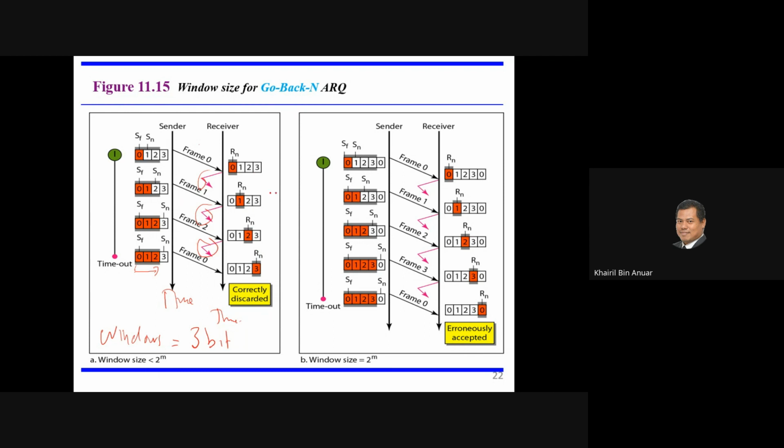In this scenario, you have 0, 1, 2, 3. The window that we use is equal to 4. Again, you send frame 0, frame 1, frame 2, frame 3, and you expect it to give you an acknowledgement after frame 3. Every bit over here has its timeout.